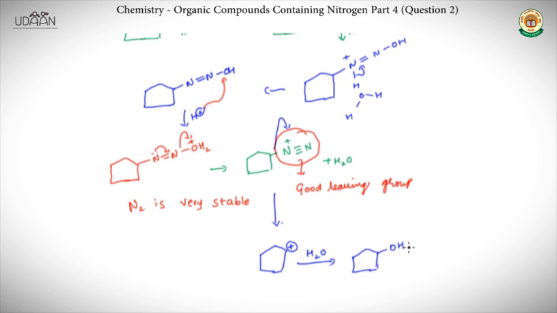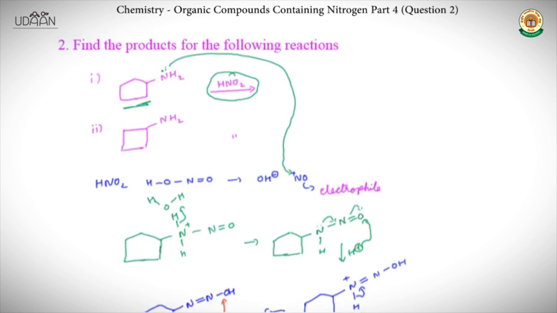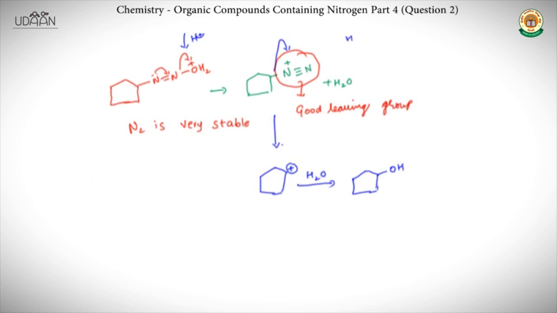Now it is very simple, but just see, in the question if you are given this compound, say this one, now what will you do? The same thing happens here. You are going to get a positive charge here.